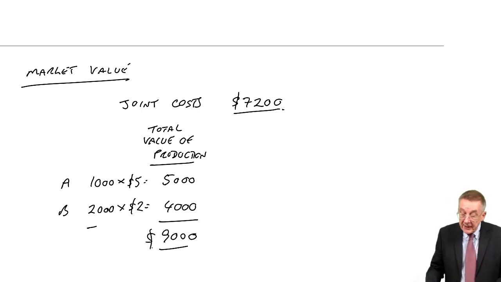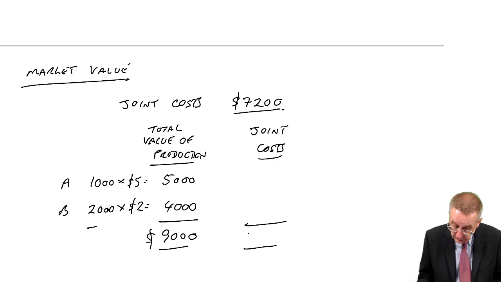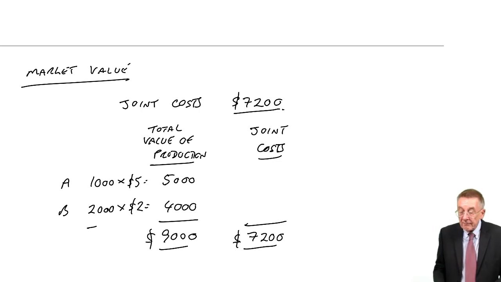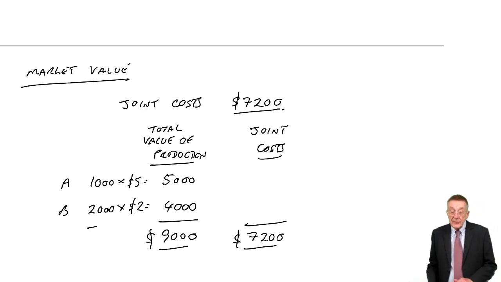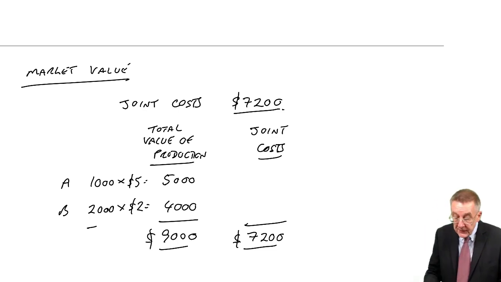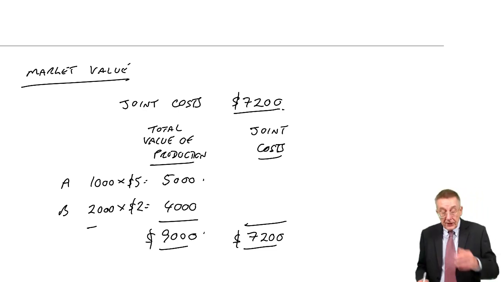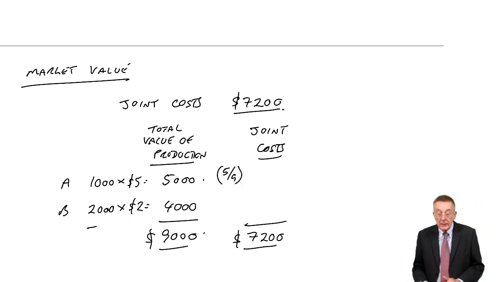What we want to do is split these joint costs of 7,200. Well, in total, we split it according to sales value. So product A, the total value is 5 out of the total output of 9. So we'll give that proportion of the joint costs.